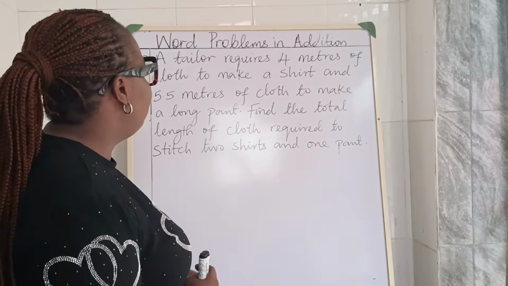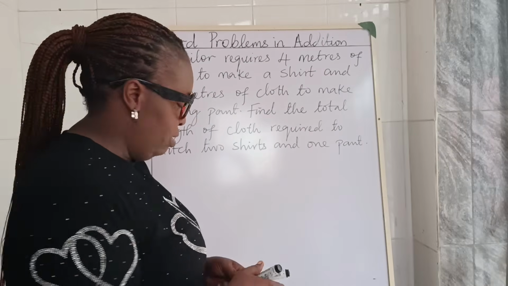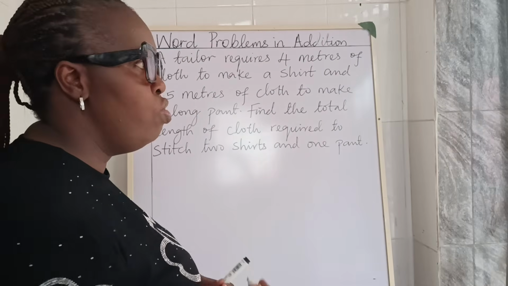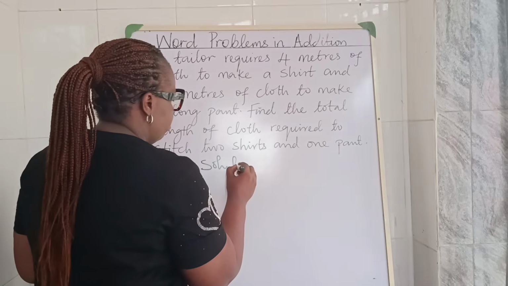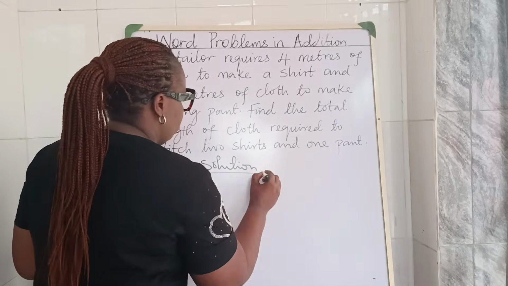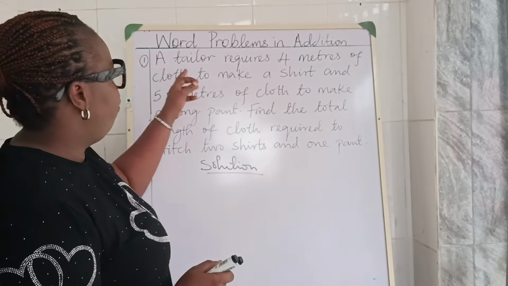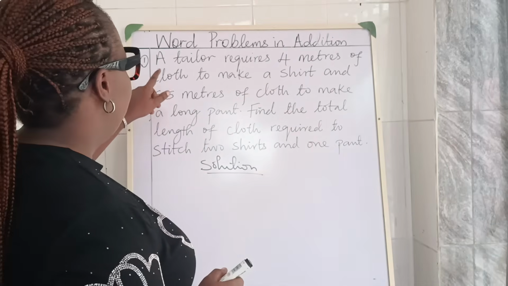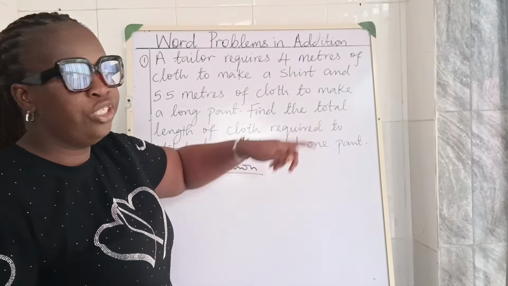They are asking you to do what? Add. And we have to write out our statement because it is a word problem. Your examiner will want to know whether you know what you're doing. So this is our solution. First thing they asked us is, a tailor requires the length of cloth for shirts.